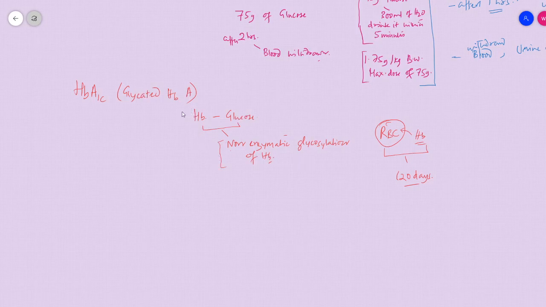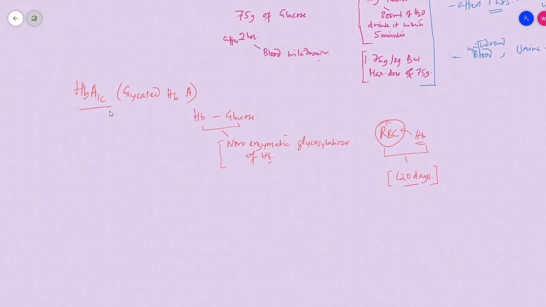So this gives us an idea of the glucose control for about 120 days. Has the glucose been adequately controlled? That's the information we get by assessing hemoglobin A1c. But is it the gold standard to check whether a person has diabetes? No. Why?